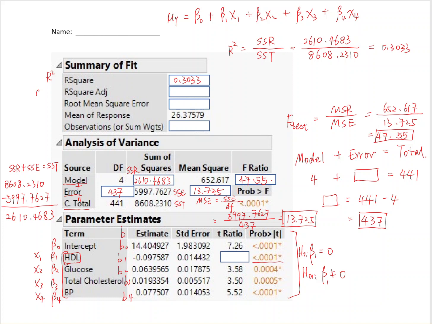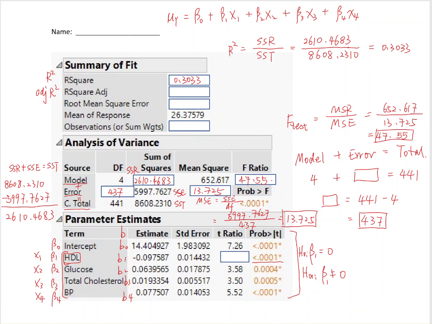All right, done. So next one, adjusted R square. So what is adjusted R square? Adjusted R square is the R square you want to use to compare models, right? R square will tell you how good this model is, but when you want to compare the models, you need to use adjusted R square, right?